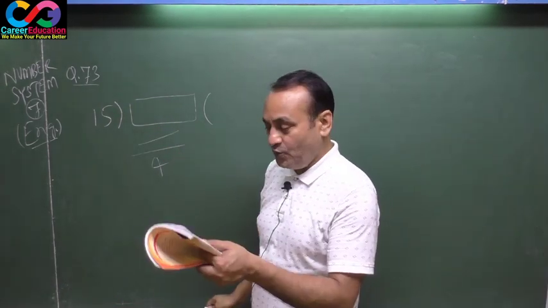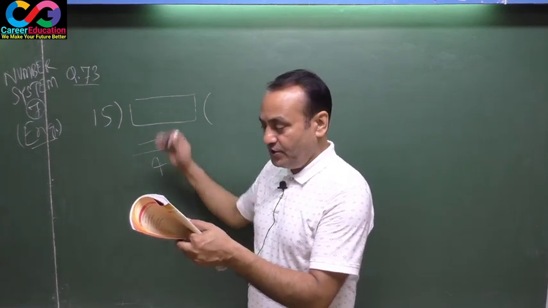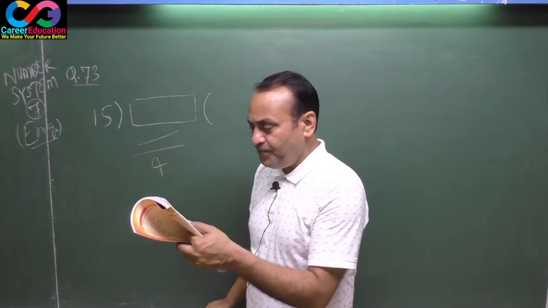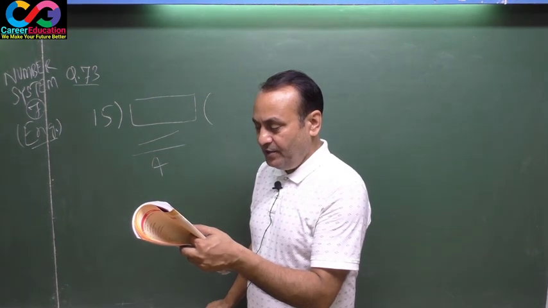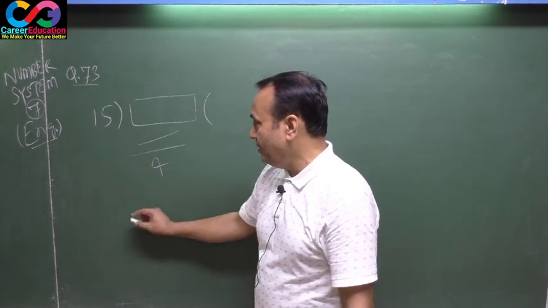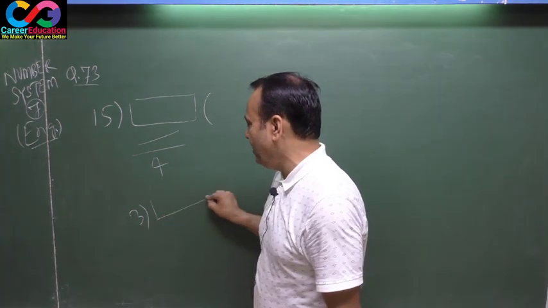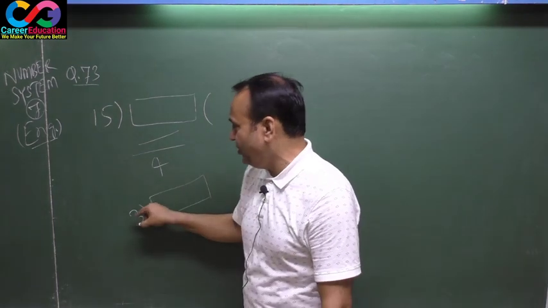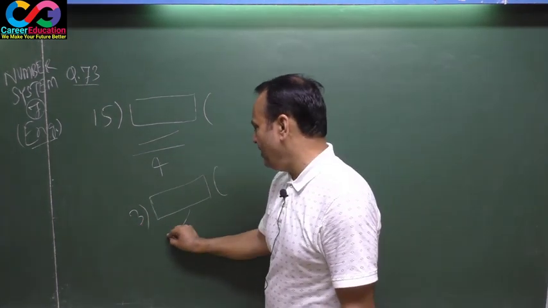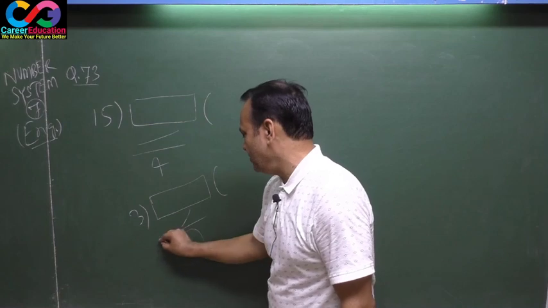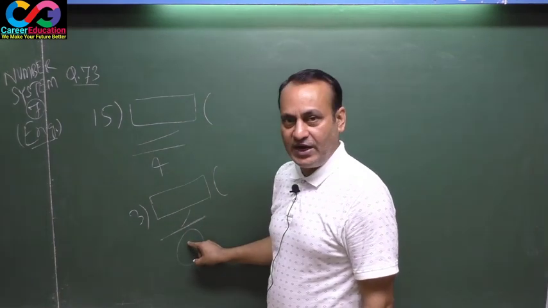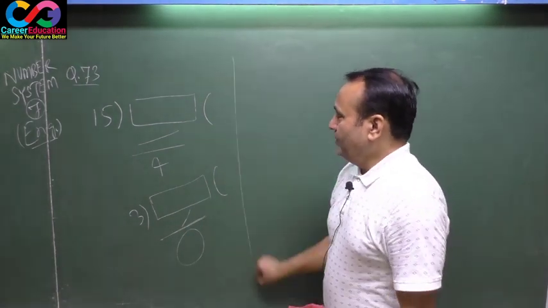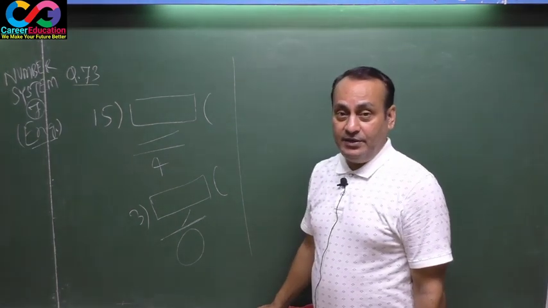This is 4. This is unknown to you. Question asks, if the same number is divided by 3, what will be the remainder? This is demanded here. This is your answer. Now try to solve how the question goes a step forward.